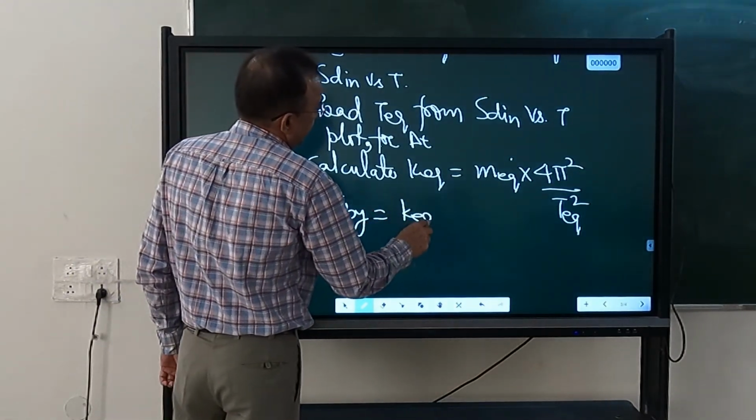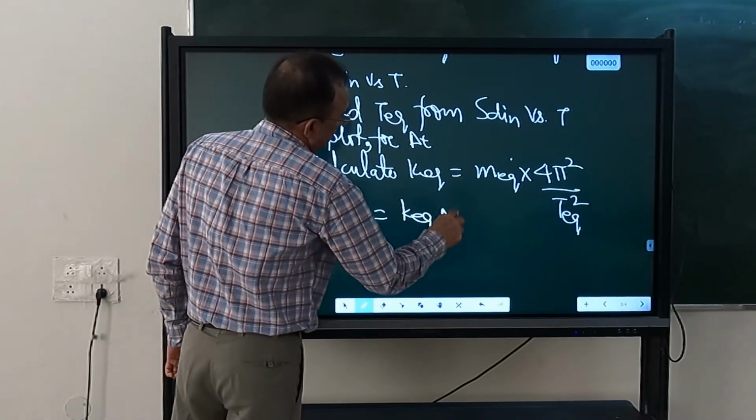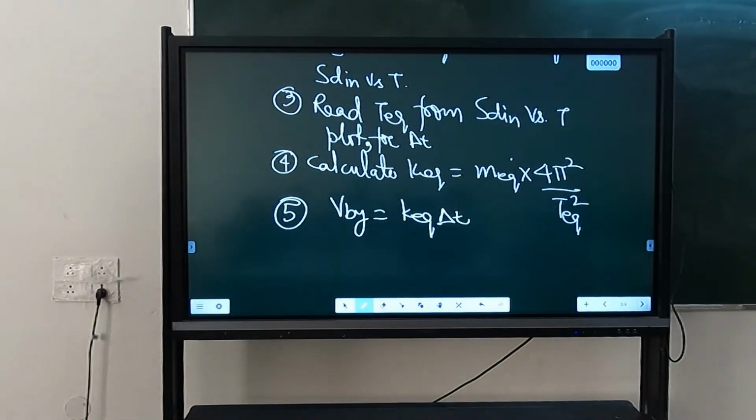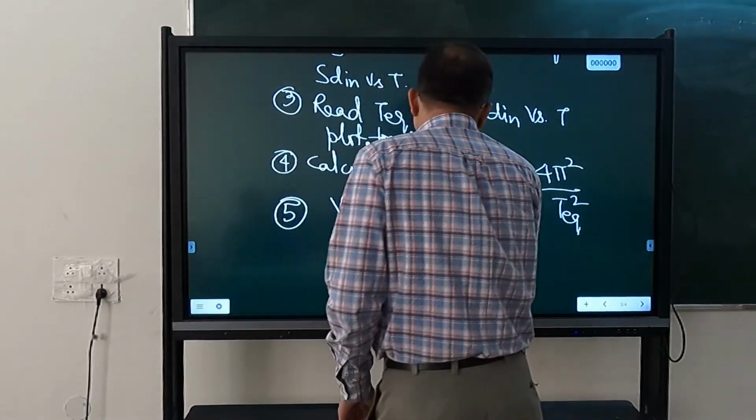Once you get K equivalent, you can calculate VBY as K equivalent into delta T, target or design. Both subscripts you will find, delta T or delta T design. To read, not that capacity we are doing.